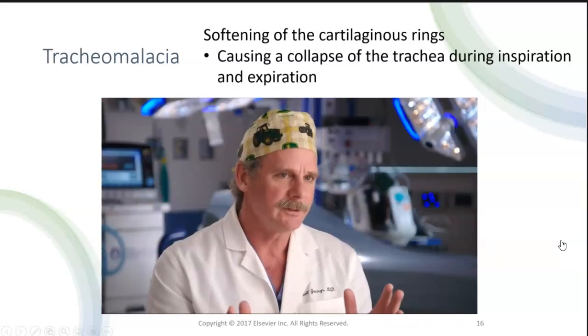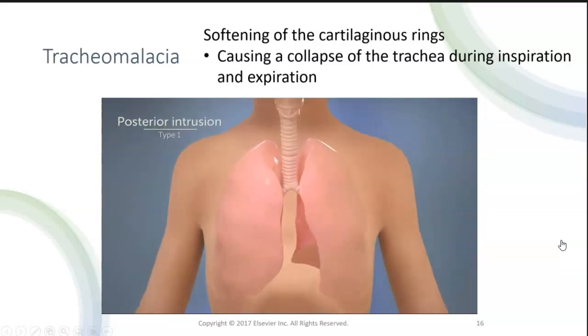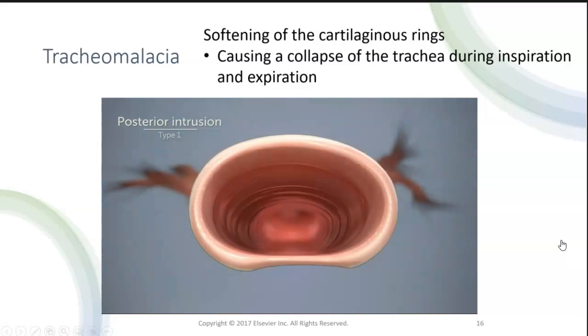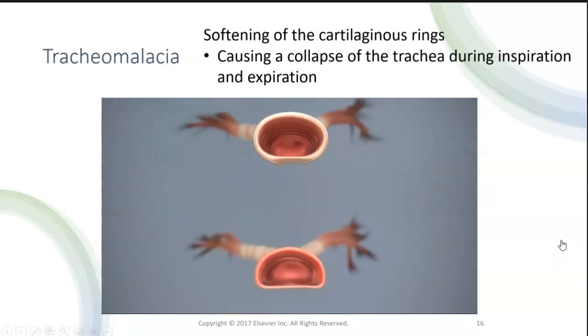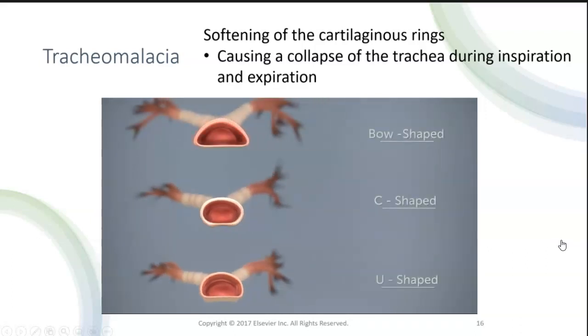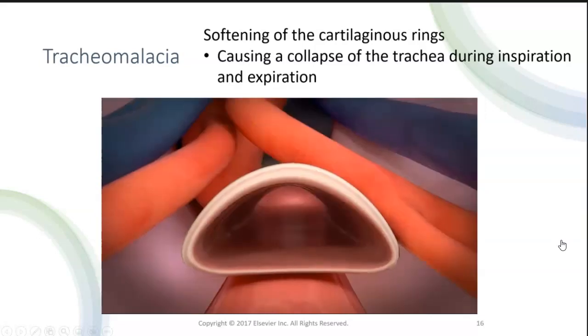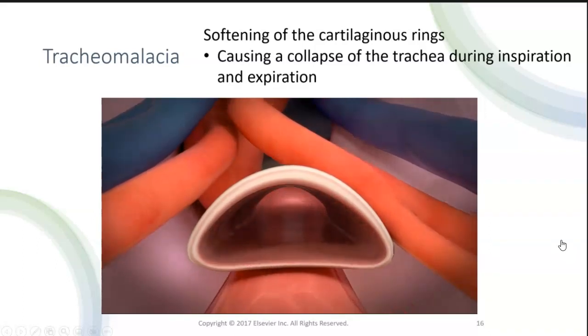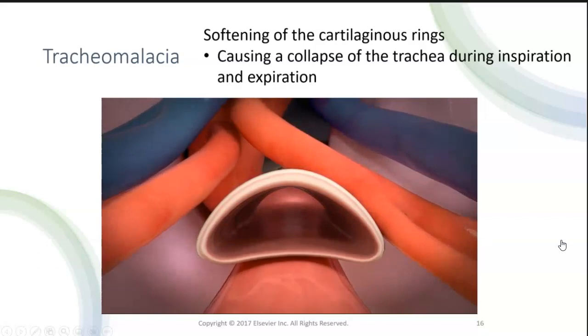Tracheomalacia really comes in three very broad categories. The most common type that we see is when you have normal cartilages, but instead of being a C shape, you have a U-shaped or even a bow-shaped cartilages. Now they're just as strong, but the membrane on the back is very flexible. So when you exhale, that membrane goes up and touches the front of the cartilages and collapses all the way in. That's the easiest type to treat, and fortunately the most common type.